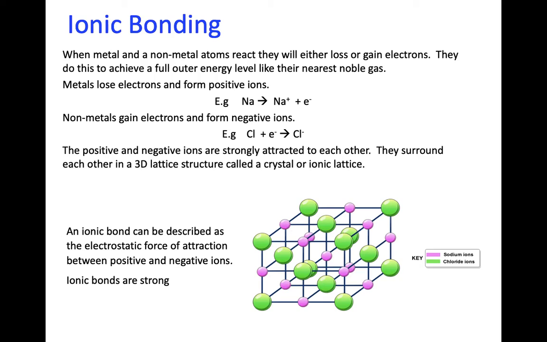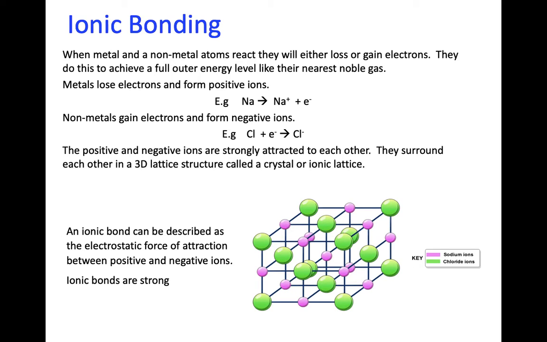We've also talked a little bit about ionic bonding. When metal and non-metal atoms react, they either lose or gain electrons to form ions. They do this to achieve a full outer energy level like their nearest noble gas. Metals will lose electrons to form positive ions, and non-metals will gain electrons to form negative ions.